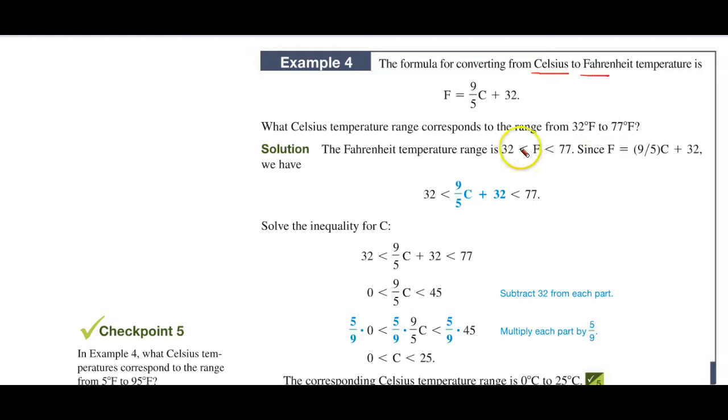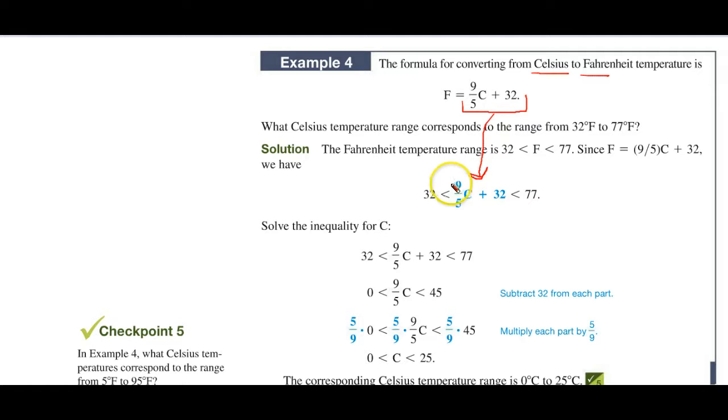So basically you're going to say the Fahrenheit range, where it begins at 32 and ends at 77. Keeping in mind this is the formula of what Fahrenheit is, you put this formula in the middle.